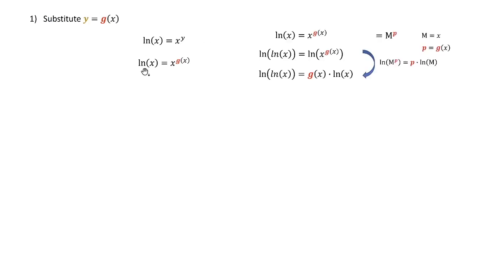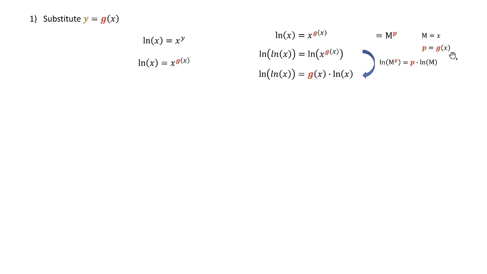And then with implicit differentiation, what am I going to see? I see now that the power right here depends on the variable x. So what I'll do is I'll use the log power rule. The base is x, the power now is g of x.